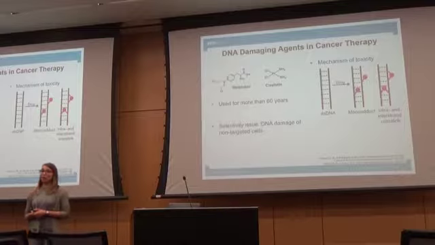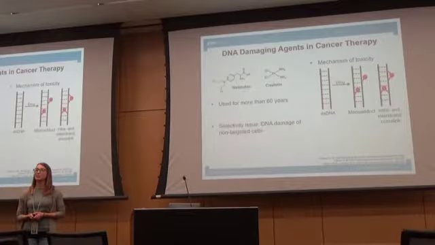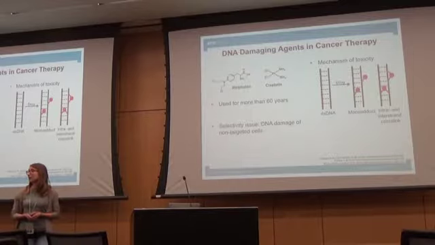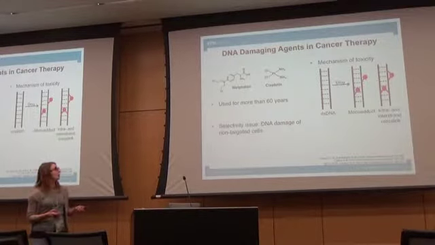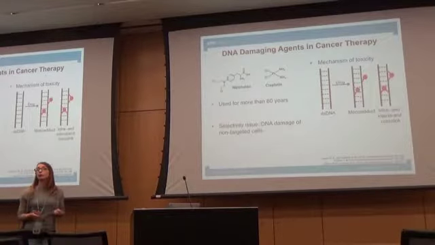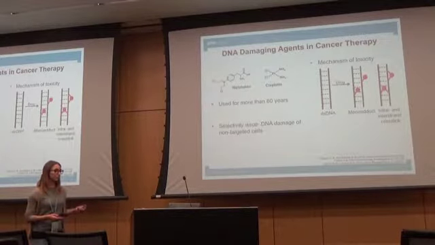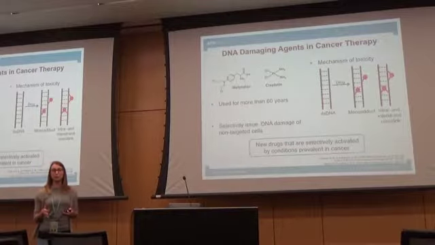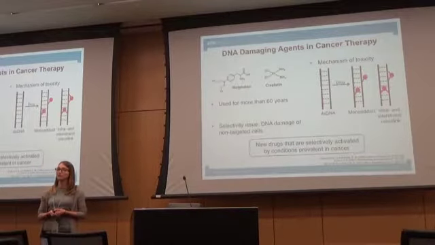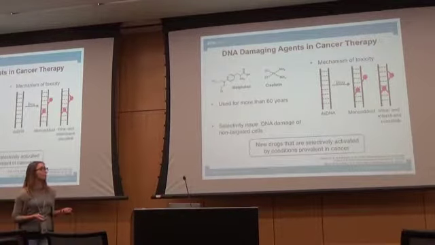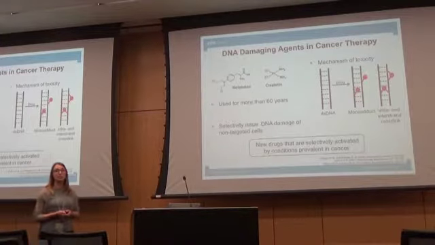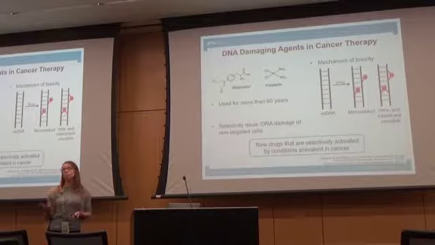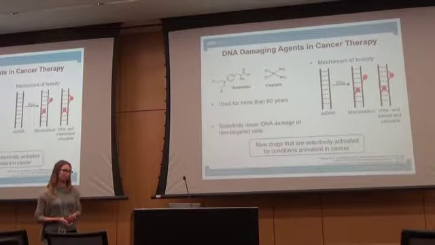A problem with cancer chemotherapy with this class of compounds is selectivity. In fact, these compounds are not able to target cancer cells only, but they also damage the DNA of non-targeted cells. Therefore, a strategy to improve the selectivity of this class of compounds would be to develop new drugs that can selectively be activated by conditions present in cancer cells, but not in non-cancerous cells.